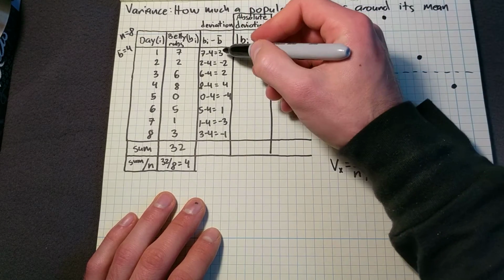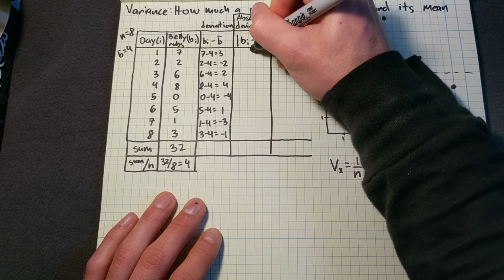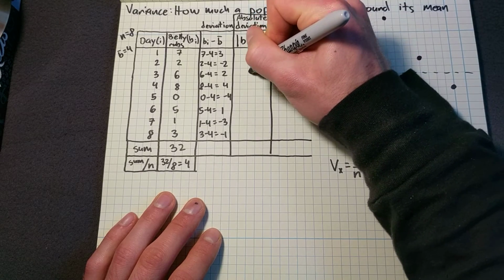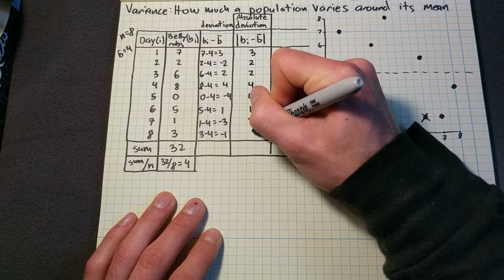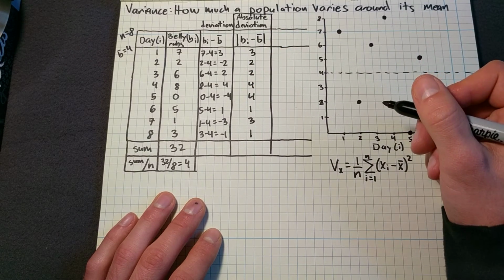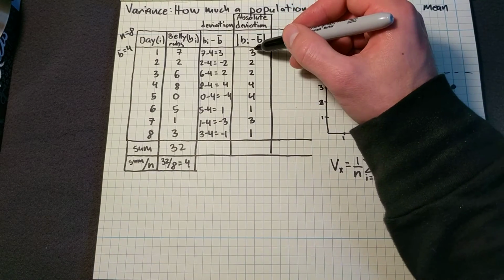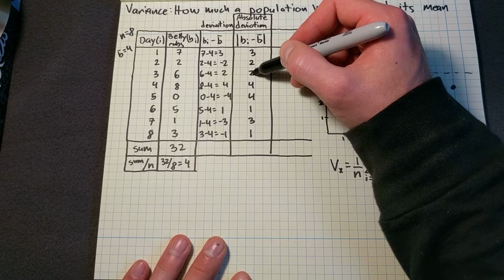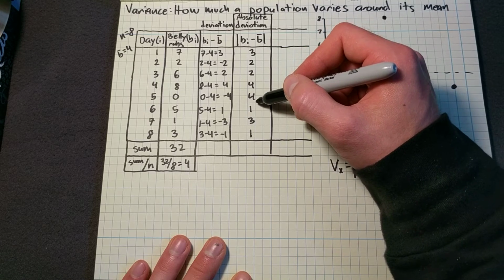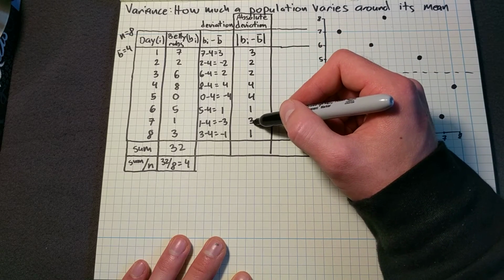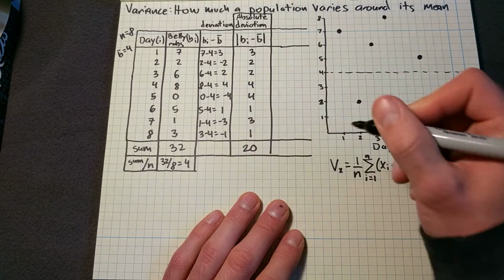So essentially I'm just going to copy these over and remove the minus signs, which gives us 3, 2, 2, 4, 4, 1, 3, and 1. And I will calculate the sum of this. So I'm going to do this in my head the best I can. 3 plus 2 is a 5, plus 2 is 7, plus 4 is 11, plus 4 is 15, plus 1 is 16, plus 3 would be 19, plus 1 is 20.